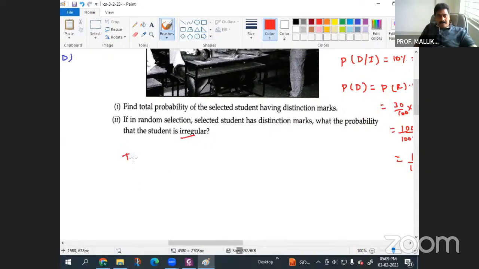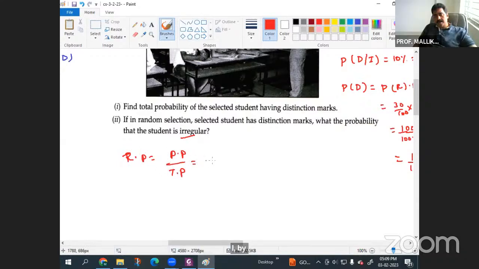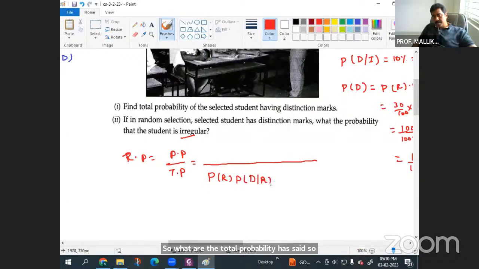Therefore, the required probability is equal to probability of I given D, which is the numerator over the total probability. What is the total probability? Probability of regular into probability of distinction given regular, plus probability of irregular into probability of distinction given irregular.